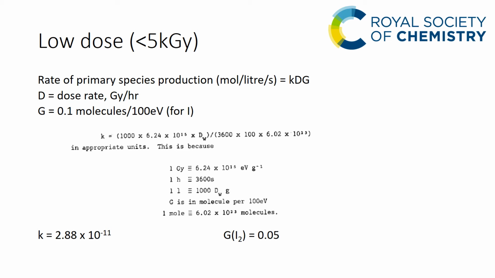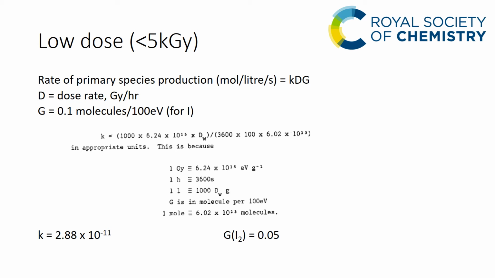Now, for the low dose model, we could say that the rate of production of species is some constant times the dose rate times the G value. And this constant's really a conversion factor. What we're really interested in is the rate of species in moles per litre per second, because that's a meaningful quantity to the chemist.